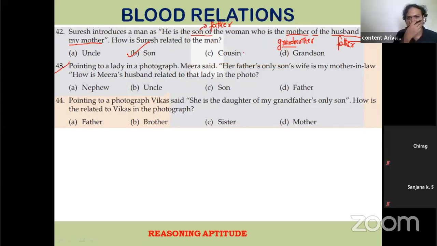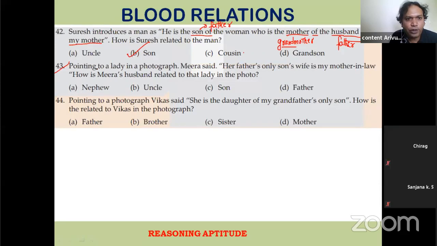Okay. Now, question 43. Pointing to a lady in a photograph, Mira said, her father's only son's wife is my mother-in-law. How is Mira's husband related to that lady in the photograph?